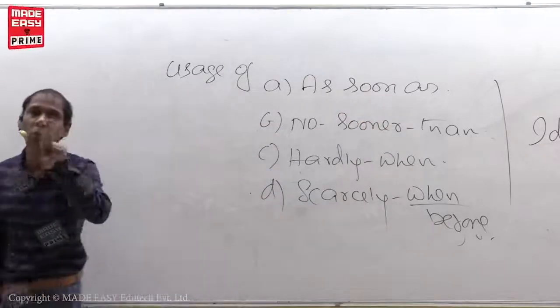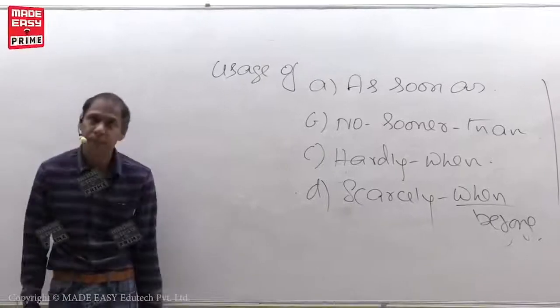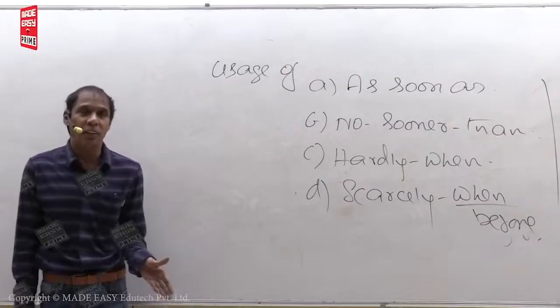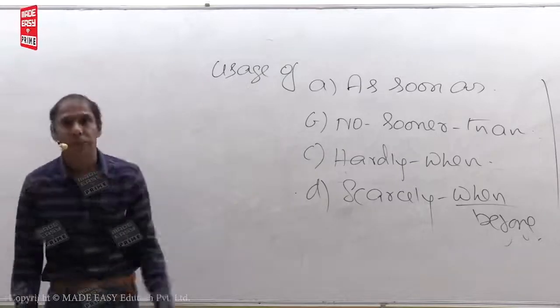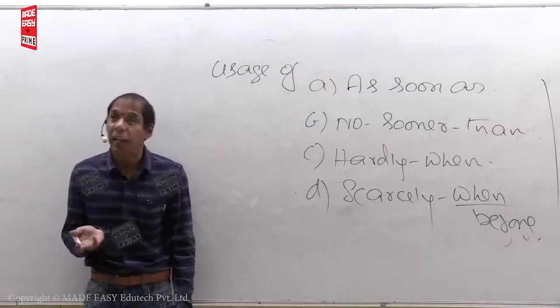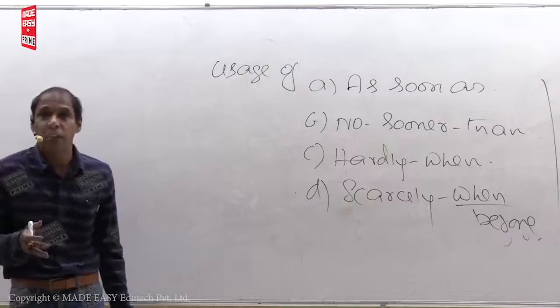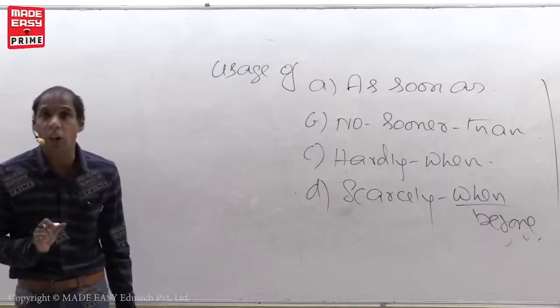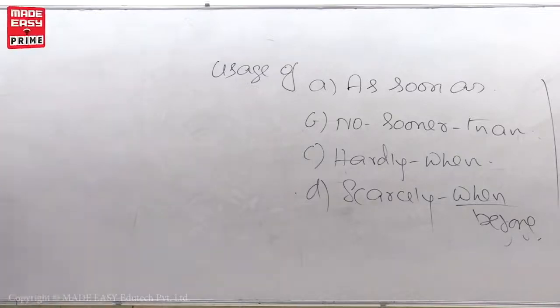But generally two words join with each other. After joining with each other, the two words leave their actual meaning, and they give a different, a strange meaning. So these words are called idioms.